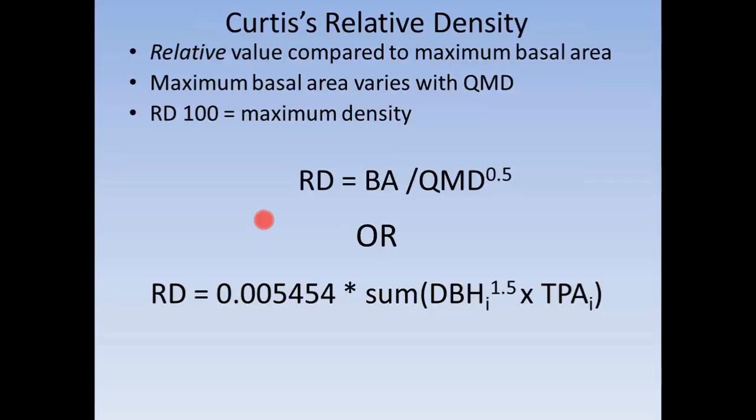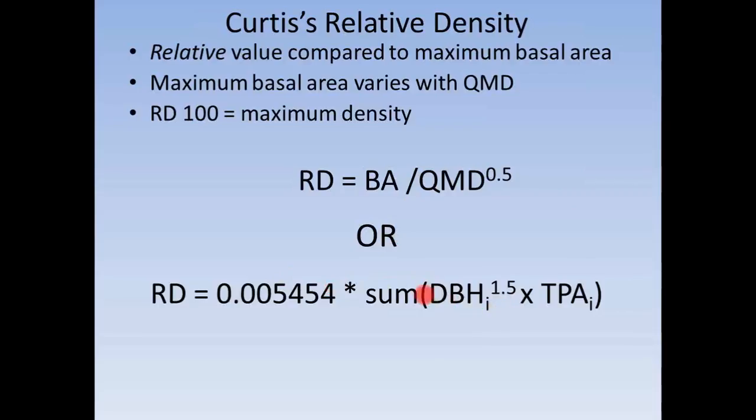There's two ways of calculating Curtis's RD. One is just observed basal area for a stand divided by the quadratic mean diameter raised to the 1/2 power. That's the same as the square root of the quadratic mean diameter. But there's another method here that Bob has worked on recently and wanted me to point out. It's called the summation method, where you take your tree list.